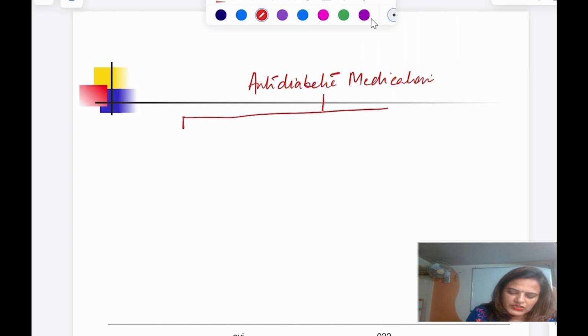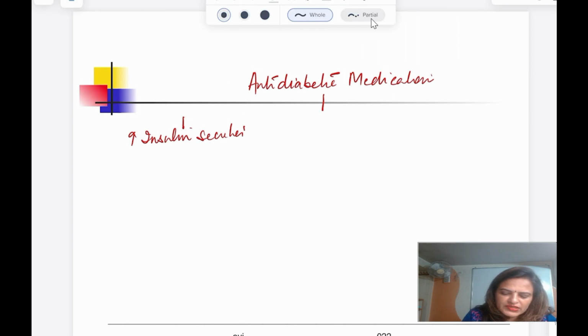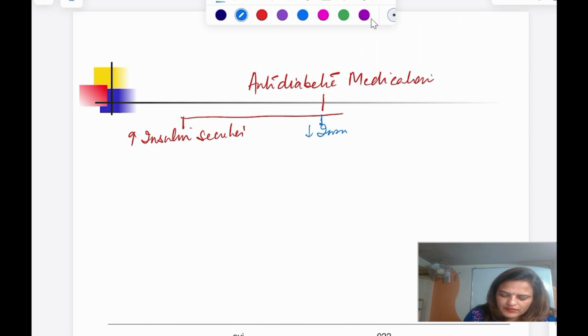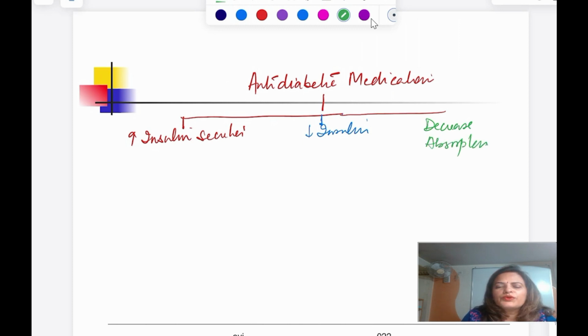Mainly, the drugs which are going to increase insulin secretion, the drugs which are going to reverse or decrease insulin resistance, the drugs which are going to decrease the absorption of glucose, and the drugs which act by various miscellaneous or newer mechanisms.